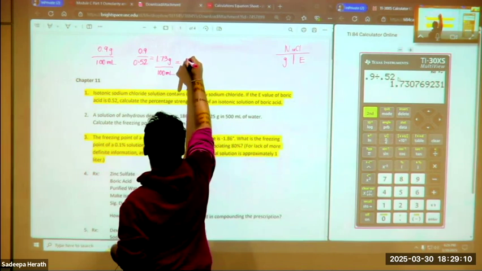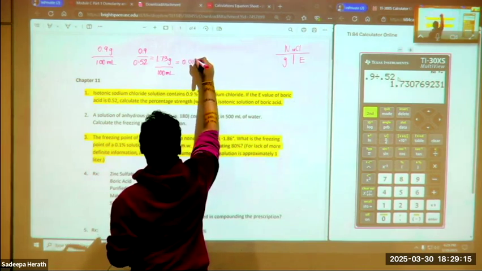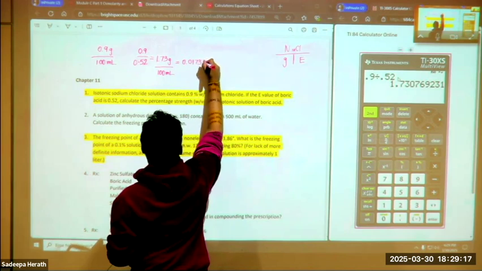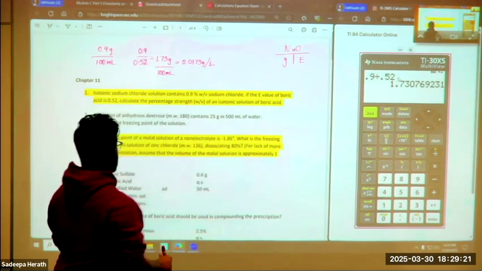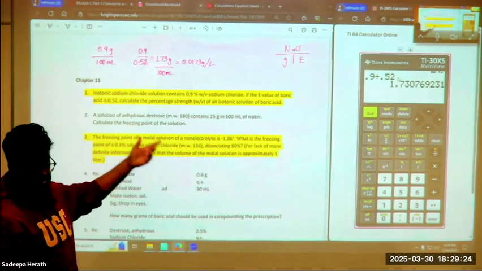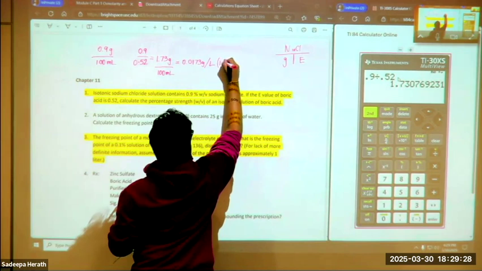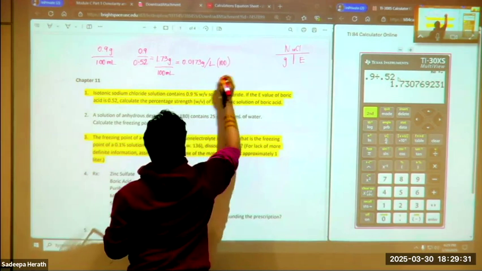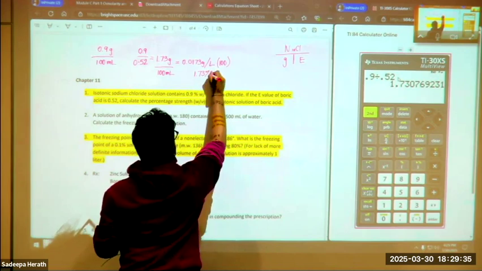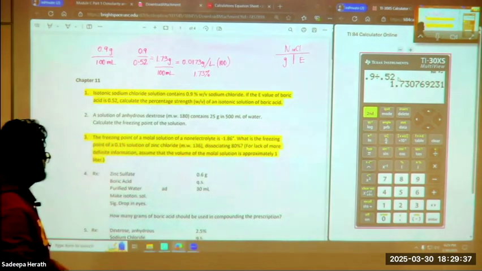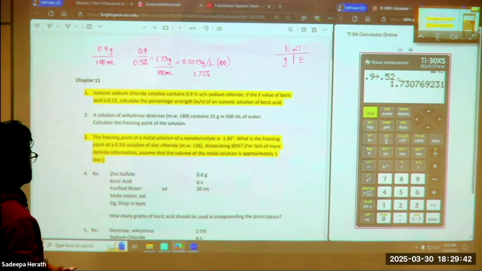So that's going to be 0.0173 grams per liter. And then they want that as a percentage strength. So you want to multiply that by 100. That's how you get 1.73%. So that's the percentage strength of an isotonic solution of boric acid.